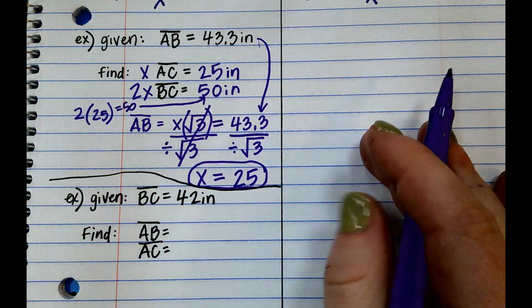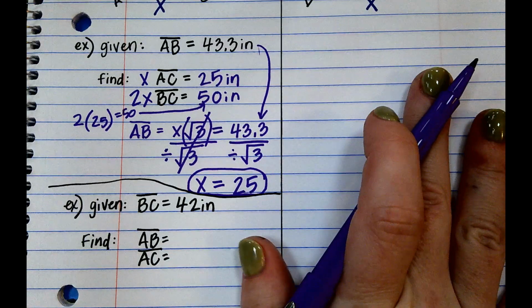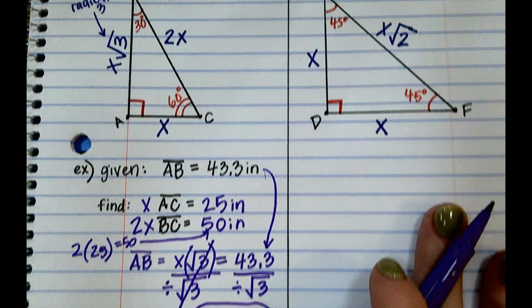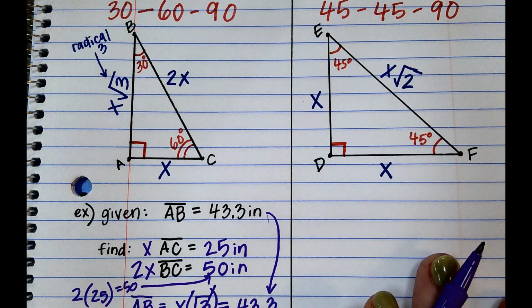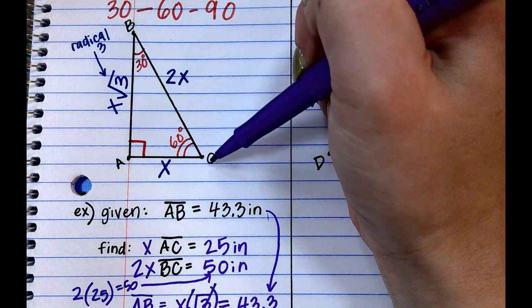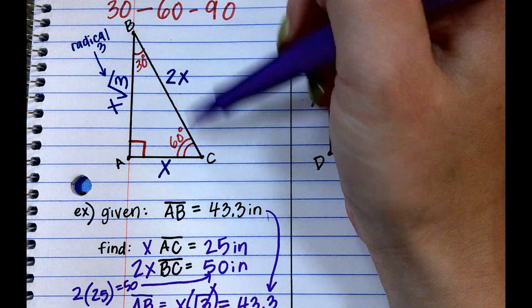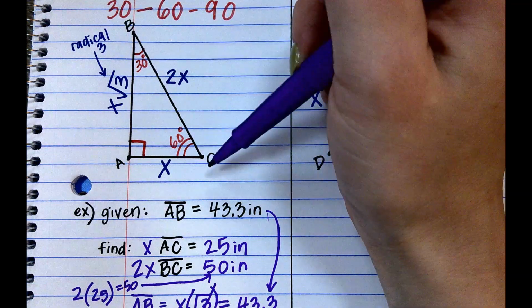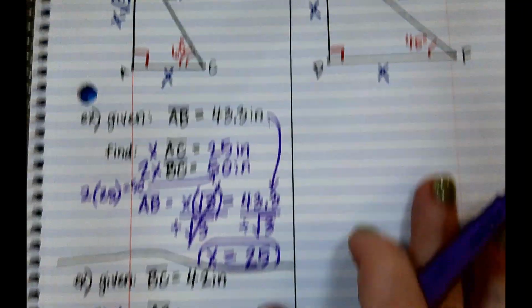I know that BC is 42. We'll look back at our picture and see what x value BC has. 2x. Good.